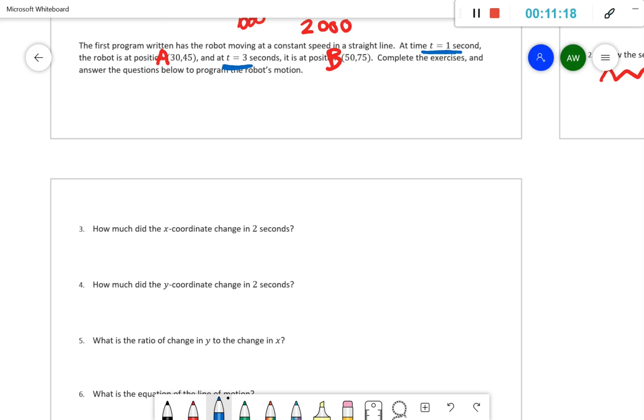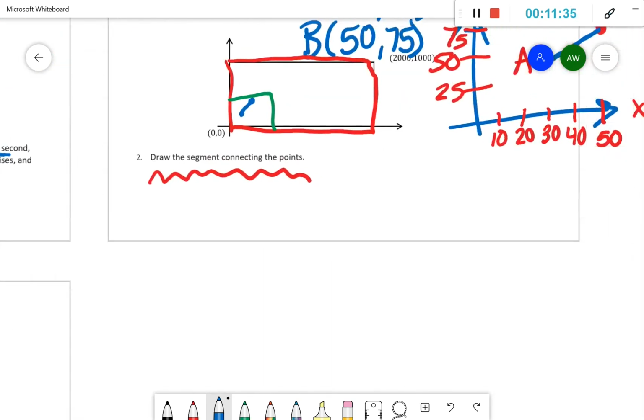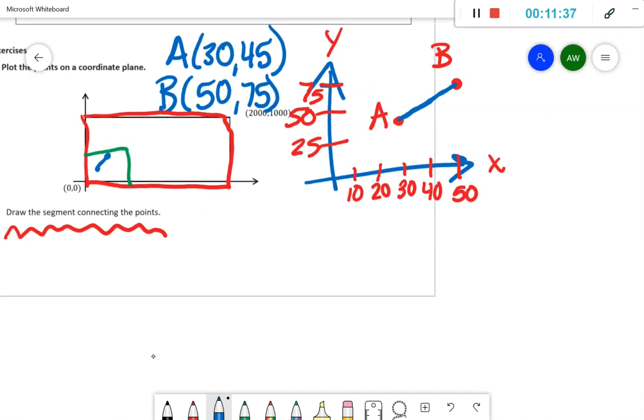So this is really important because number 3 and 4 says how much did the x coordinate change in 2 seconds and how much did the y coordinate change in 2 seconds, right? So when the robot starts moving, after it's moved for 1 second, it's at point A, right? And then 3 seconds in, it's at point B, right?